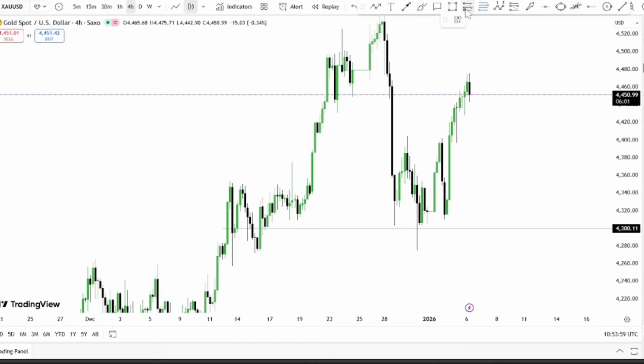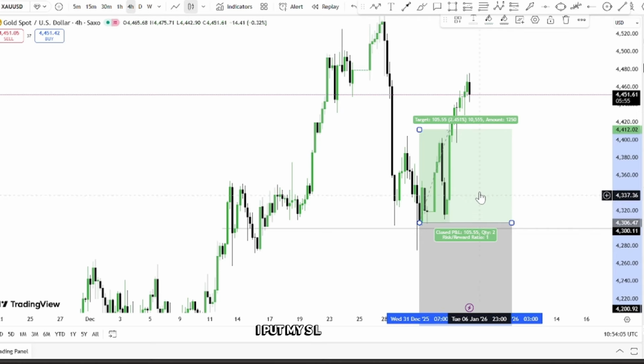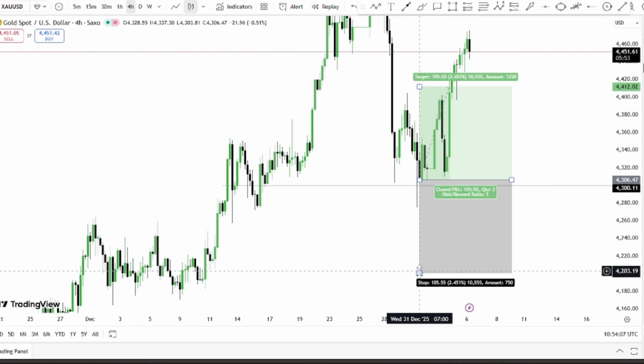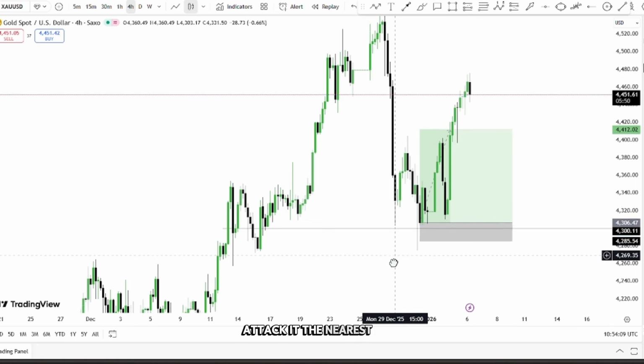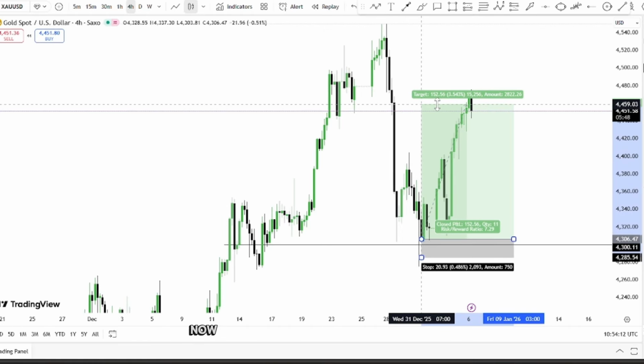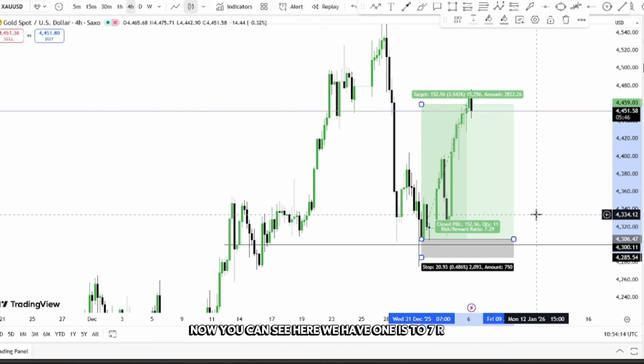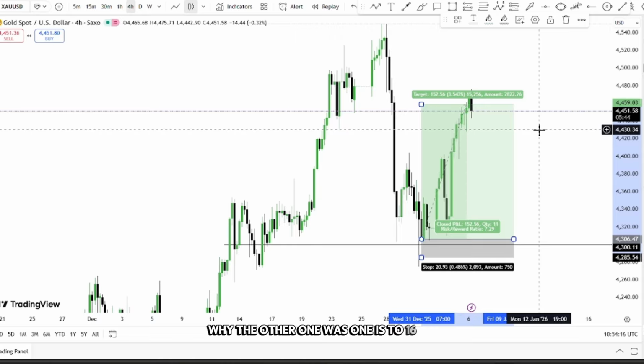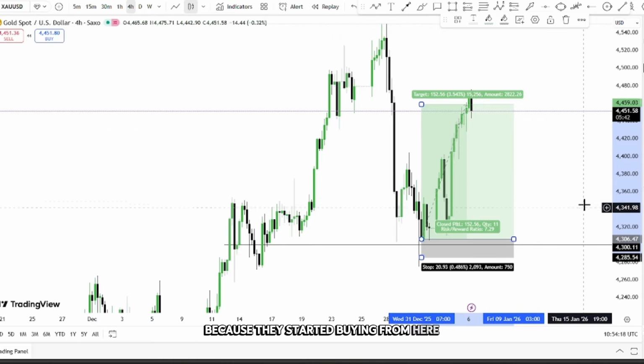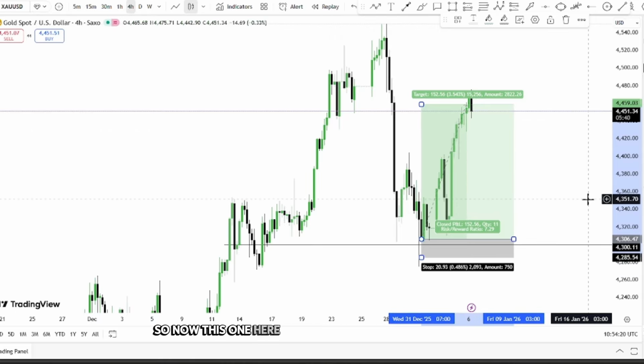Then I target the nearest high. Now, you can see here we have 1:7 RR, while the other one was 1:16 RR because they started buying from here. So this one will not give you massive RR, okay? But I think it's better.